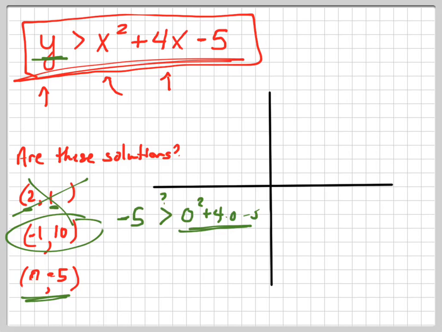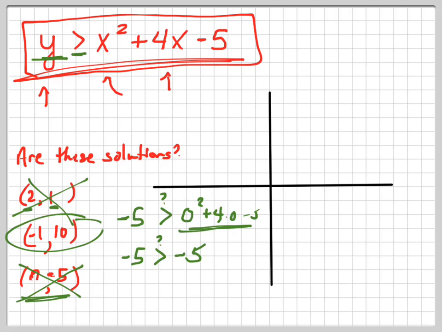Well, what does this simplify to? 0 plus 0 minus 5 is just -5. Is this true? Is -5 greater than -5? No, it's not true. It's equal to it, but it's not greater than. If this had said equal to underneath here, which it doesn't, then I would say yes, that would be a solution, but it doesn't, so I say not a solution.